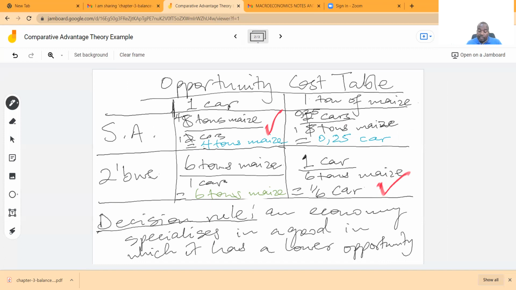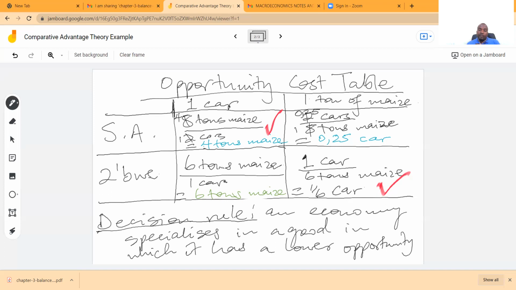So at this trading ratio of 1 car is to 6 tons of maize, South Africa would be benefiting at the expense of Zimbabwe because South Africa's opportunity cost is 1 car to 4 tons of maize. So for every car South Africa produces and sells to Zimbabwe, she will be gaining 2 tons of maize at the expense of Zimbabwe, whilst Zimbabwe will be gaining nothing.